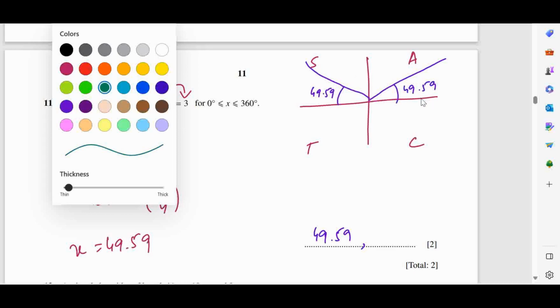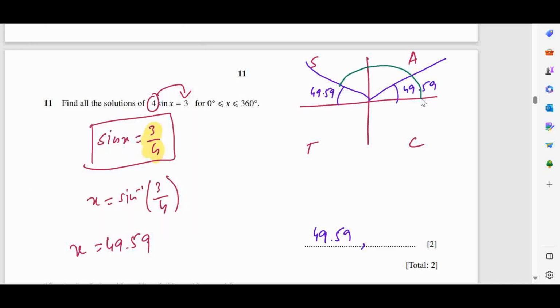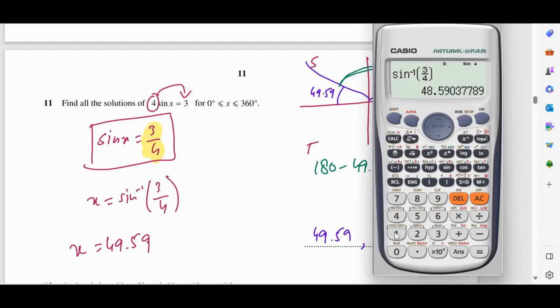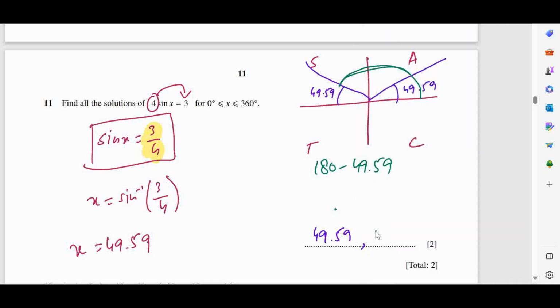This green angle will be equal to 180 minus 49.59. This will be equal to 131.4. So this will be the final answer. Let's move to the next question.